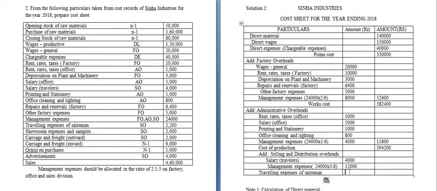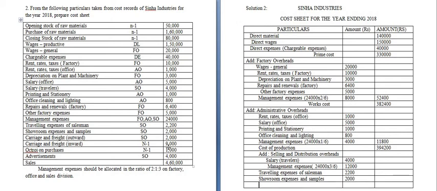Okay, amount is 2,200. Okay, now next showroom expenses and samples. Now showroom expenses and samples, write it. Okay, now amount is how much? 2,000. Amount is 2,000.